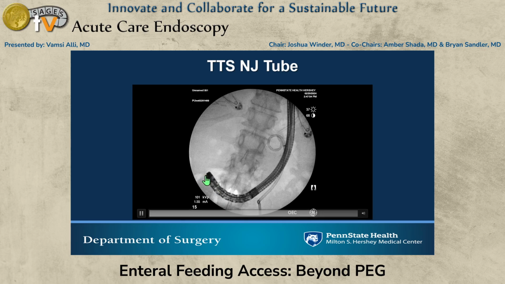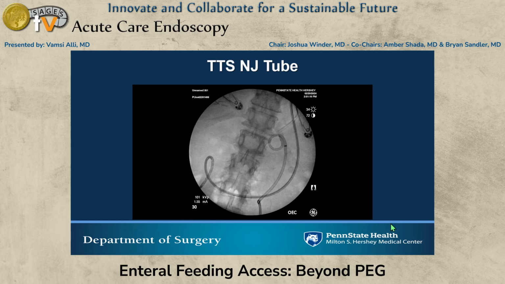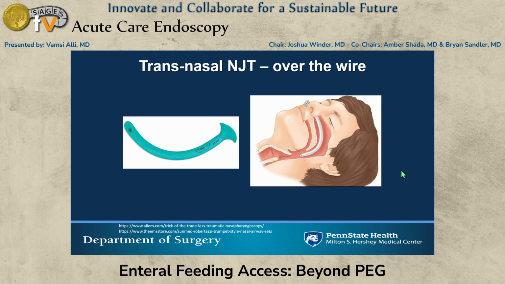And you'll see here the tip of the scope. You'll notice a guide wire followed by the tube, guide wire and tube, backing the scope out as we go. There are a couple of other drains, and then there's an evac visible on the screen.